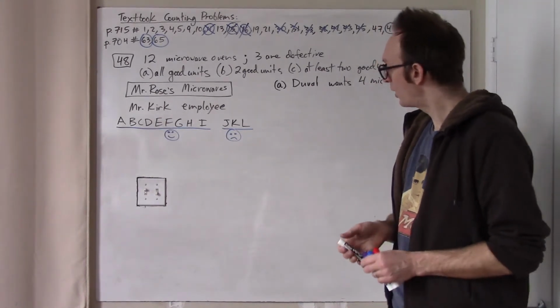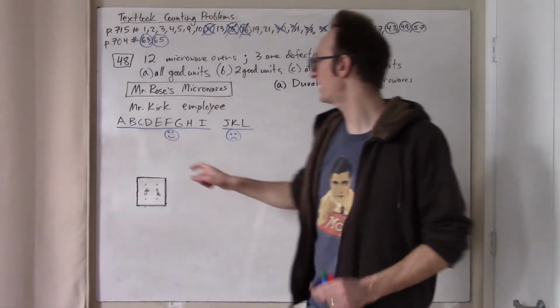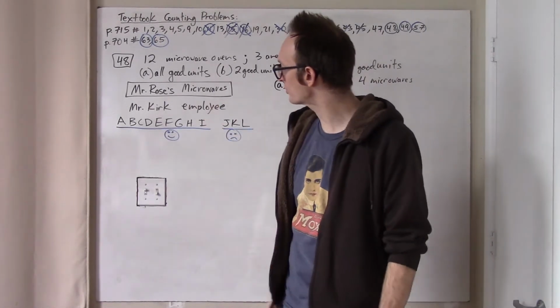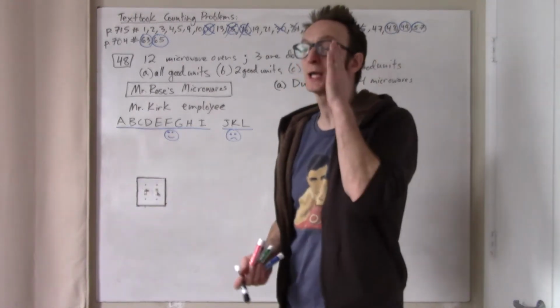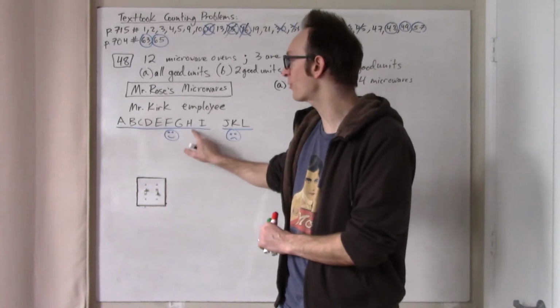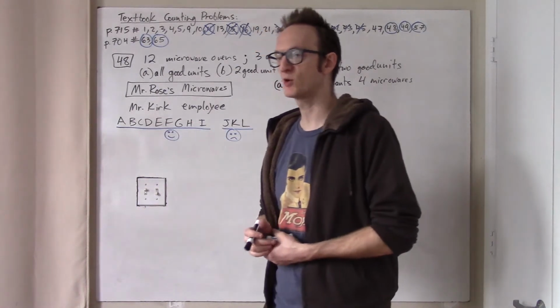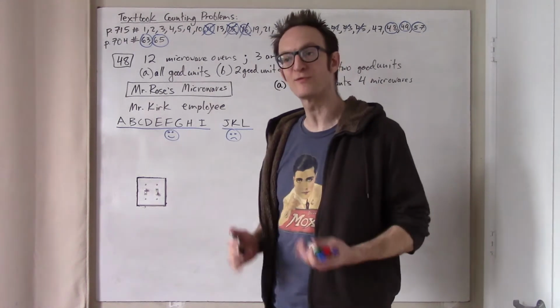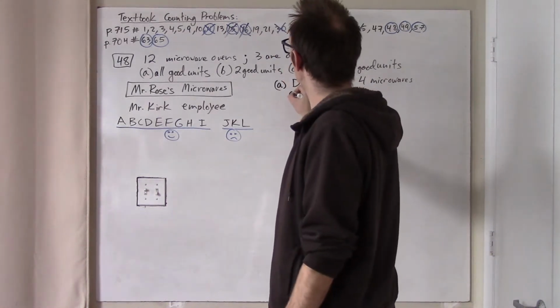Okay, well, I think now it's pretty clear what to do, right? Because when Mr. Kirk goes down, given the order to make sure that the microwaves that we send her are all working, he has 9 working microwaves, and he knows which ones are working and which ones are defective. And so Mr. Kirk's job is to choose 4 of those microwaves. How many ways are there to do this? The answer is just 9 choose 4.